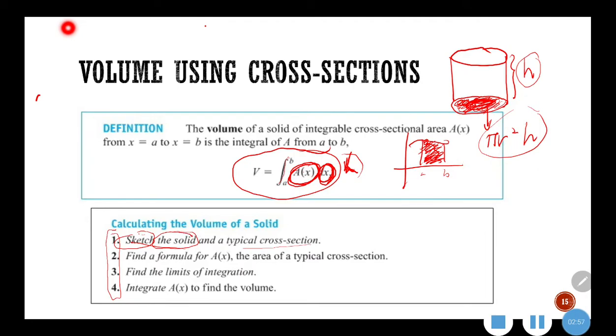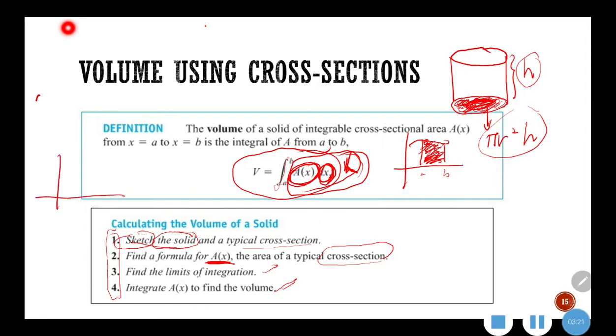The typical cross section is very important because from there you will be able to establish this formula so that you can integrate it accordingly. Find a formula for A(x), the area of a typical cross section. Then you find the limits of integration, then integrate A(x) to find the volume.